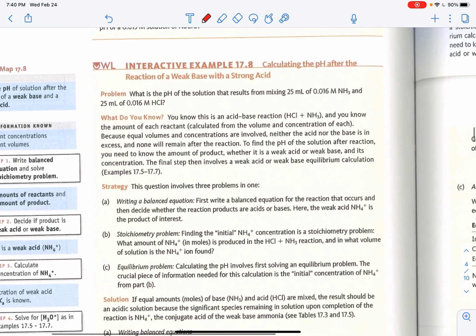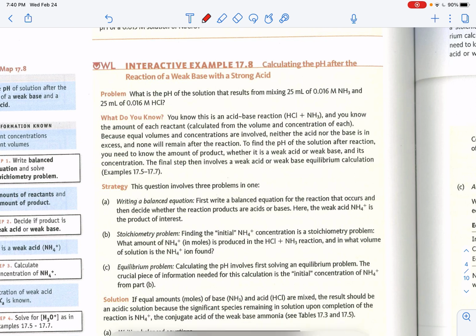Let's look at this example. What is the pH of the solution that results from mixing 25 mL of 0.016 molar ammonia and 25 mL of 0.016 molar hydrochloric acid? Now you'll notice, and it's not a coincidence, that they're obviously talking about a neutralization point where your moles of base equal your moles of acid.